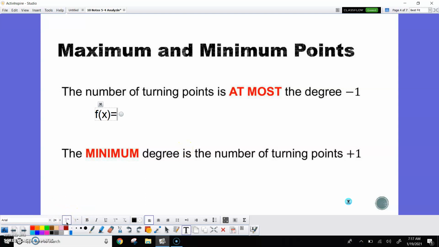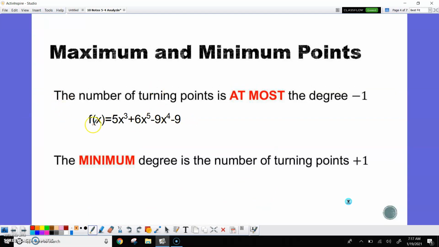Let's say f of x is equal to 5x... Okay, let's say this is my polynomial function.